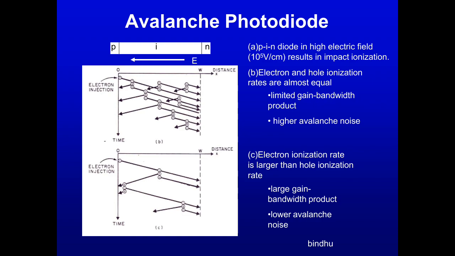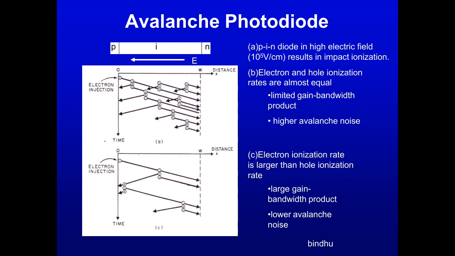Electron and hole ionization rates are almost equivalent, which will create a higher avalanche noise. So in your drifting part, what happens is when an electron and hole are generated, that particular electron is capable of impacting the other atoms in the region and regenerating one more pair.